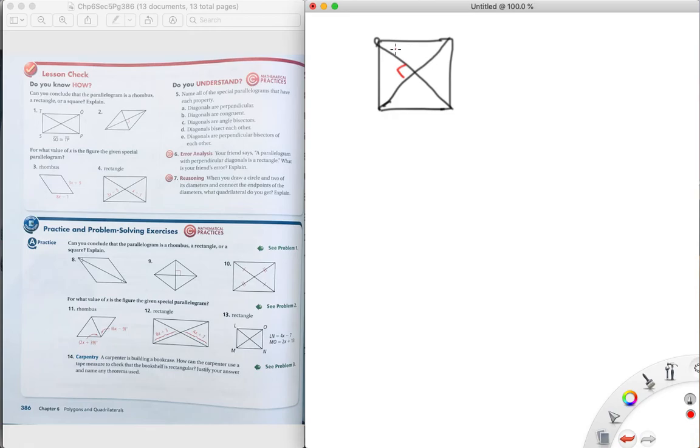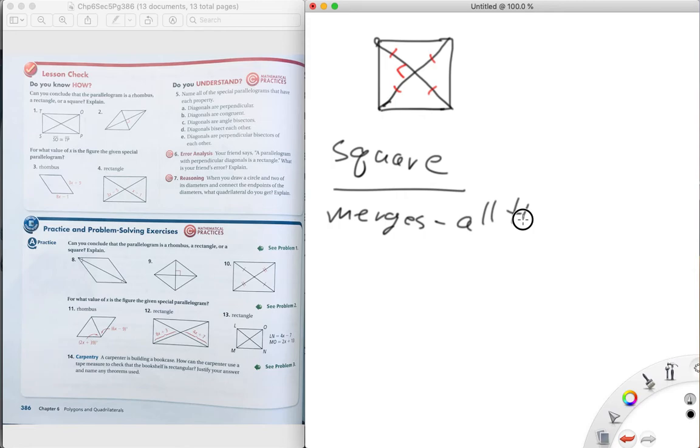So they're perpendicular, but they're also congruent to each other as well. So a square merges all the theorems together. They had a baby and they came together. So all the theorems merge together.